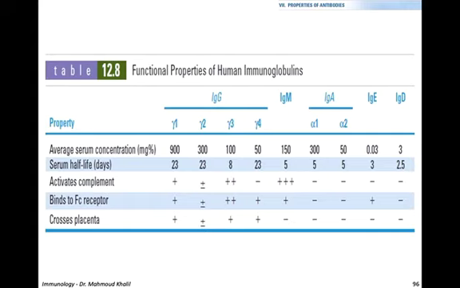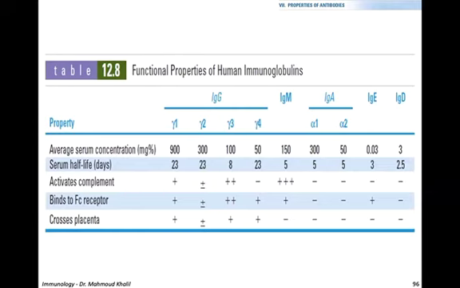You can see that the antibodies involved in the activation of the complement are only the IgG classes together with IgM, but majorly it's IgM. The other types, A, E, and D, are not involved in complement activation.